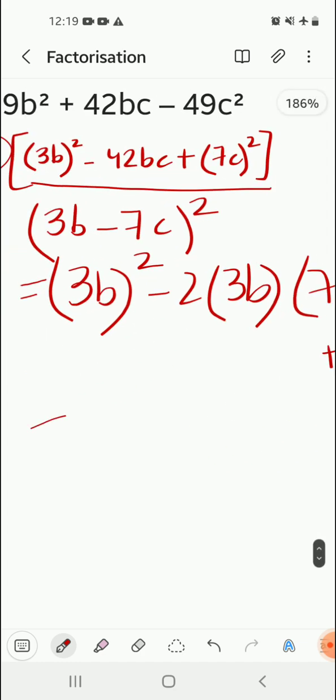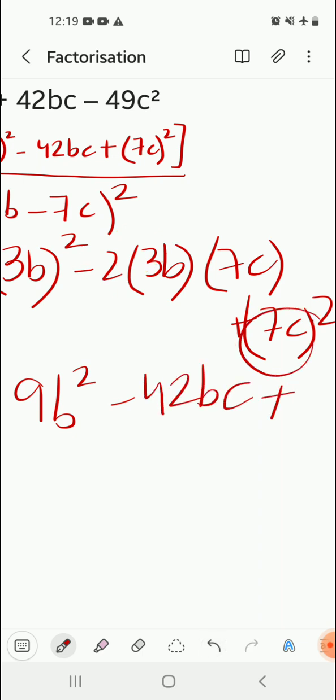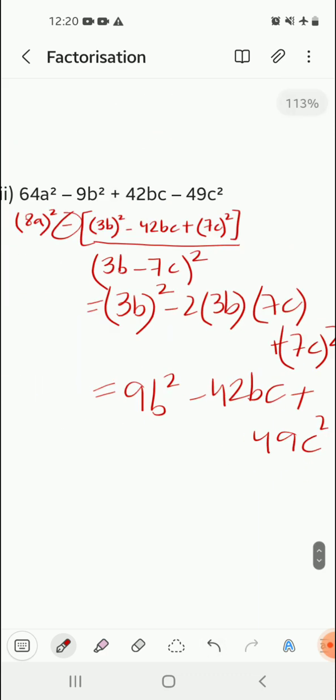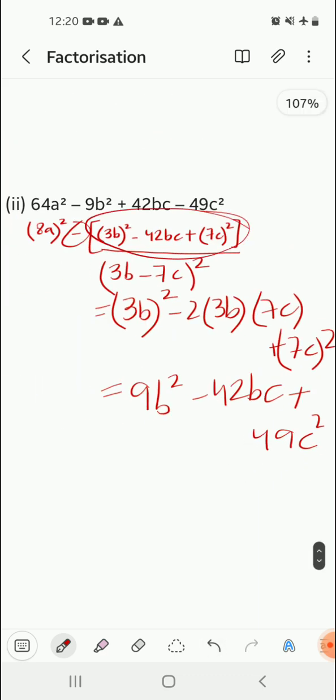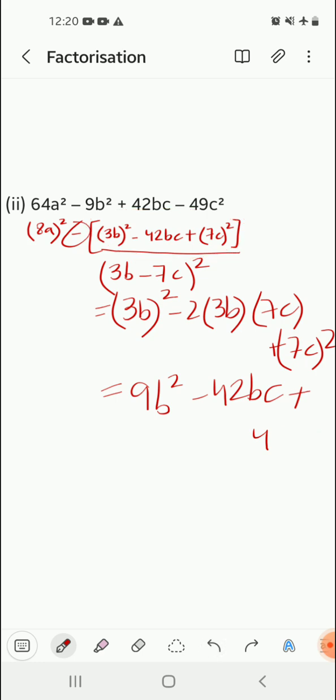If we solve it, see we get 9b square minus 2 into 3, 6 into 7, 42bc plus (7c) whole square is 49c square, which resembles this. Same. See, is equal to this. So that's why we had done all of this to break it down.